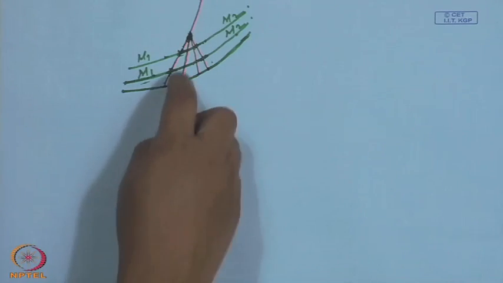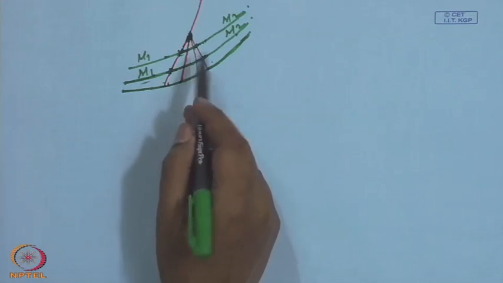This convergence of these Mach lines in a supersonic stream is again a typical nonlinear effect, and a decreasing Mach number or increasing flow inclination, both of them tend to make these Mach lines steeper and this Mach line converges.